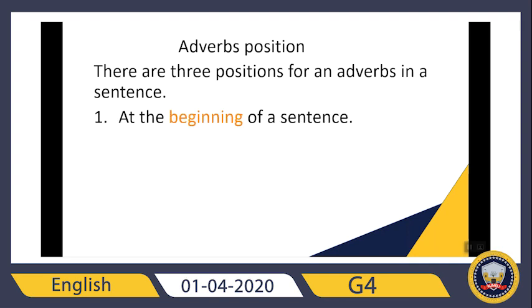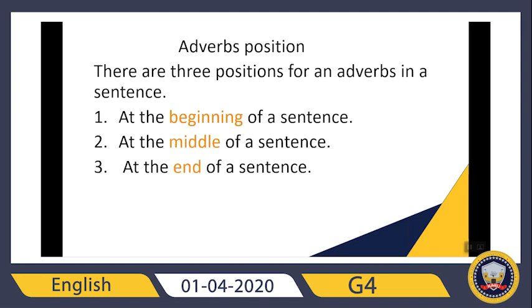The first one, we place the adverb, we can place it at the beginning of the sentence, in the middle of the sentence, and at the end of the sentence. Take note of this. Adverbs can be placed at the beginning, in the middle, or at the end of the sentence.